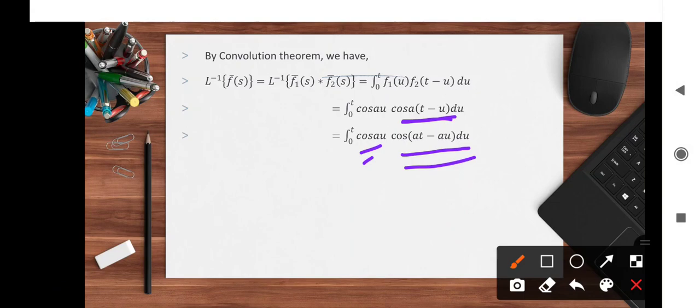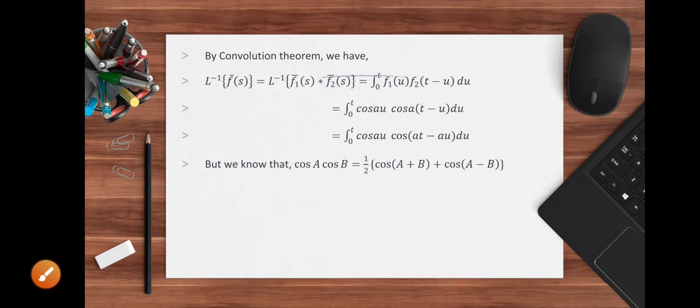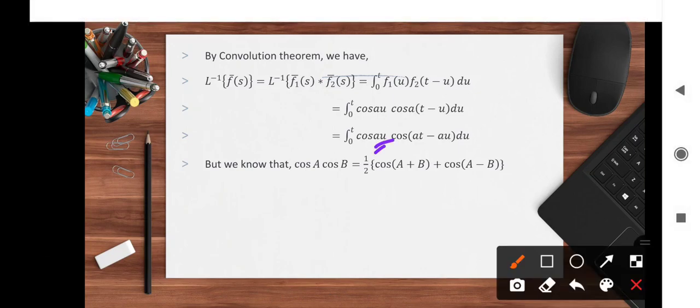Now this complete term is in the form of cos a into cos b, and we know the result for this product of cos terms. We can write cos a cos b as 1 by 2 [cos of (a plus b) plus cos of (a minus b)]. Here a is au and b is this complete bracket, at minus au.